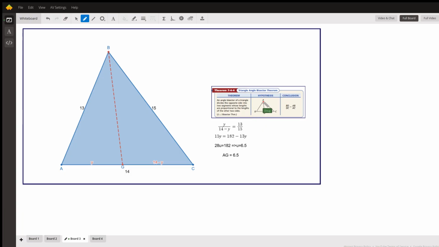If you drop an angle bisector to the opposite side, you can set a proportion. This side, AB, is to AC as BD is to DC. So in our case, y is to 14 minus y as 13 is to 15. These should be y's, not u's. So y equals 6.5.